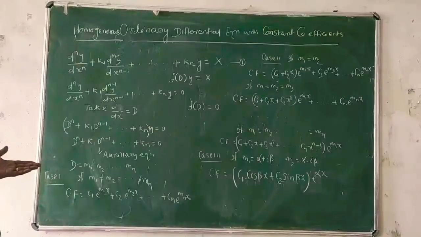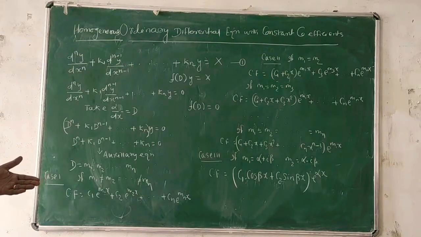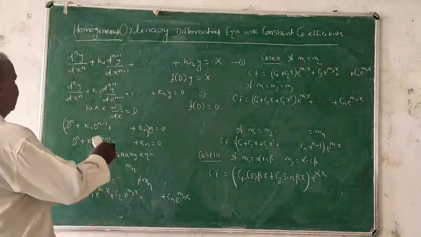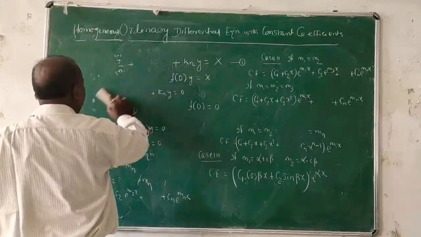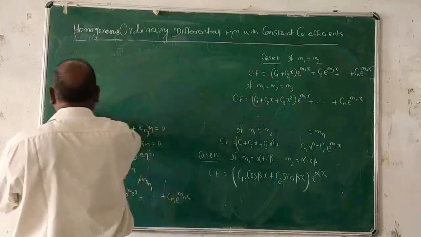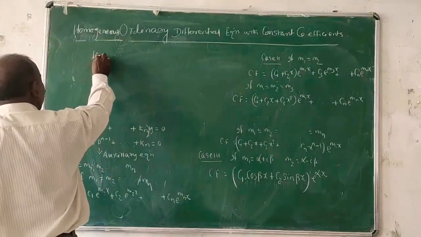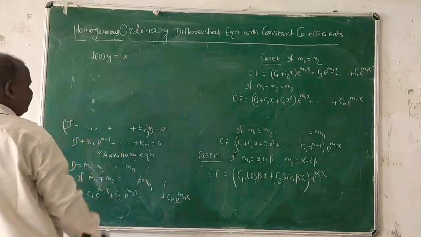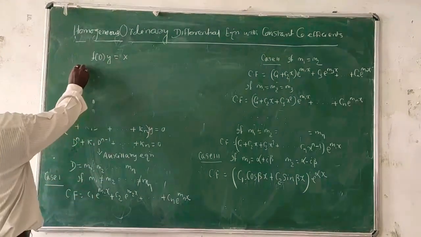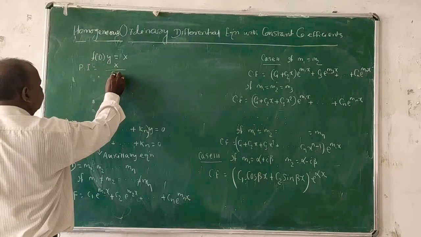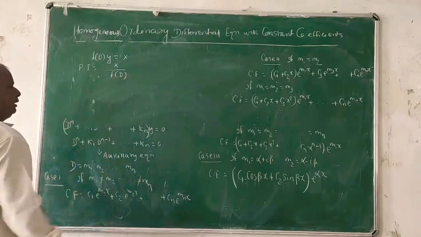So in these three cases, by taking f(D) equal to 0, you are going to find the complementary functions by means of these three formulas. Now let us write equation number 1 in operator form: f(D) y is equal to capital X. So I can write the particular integral as capital X by f(D).